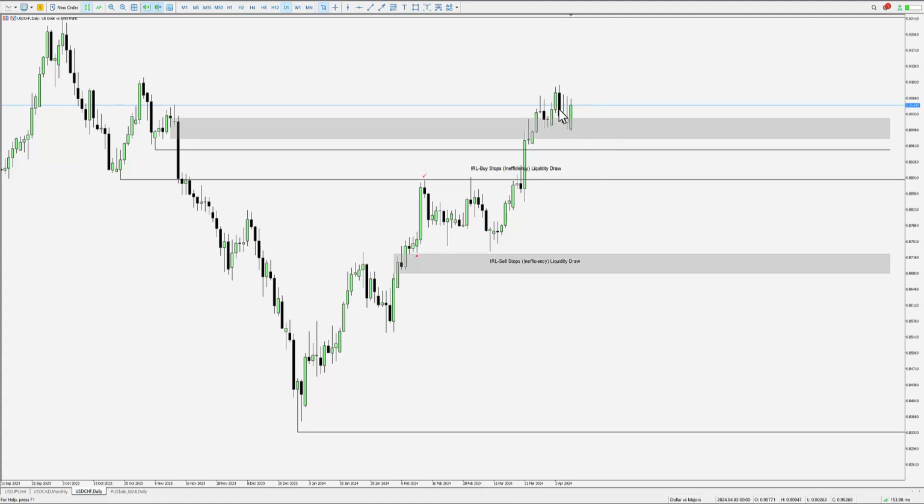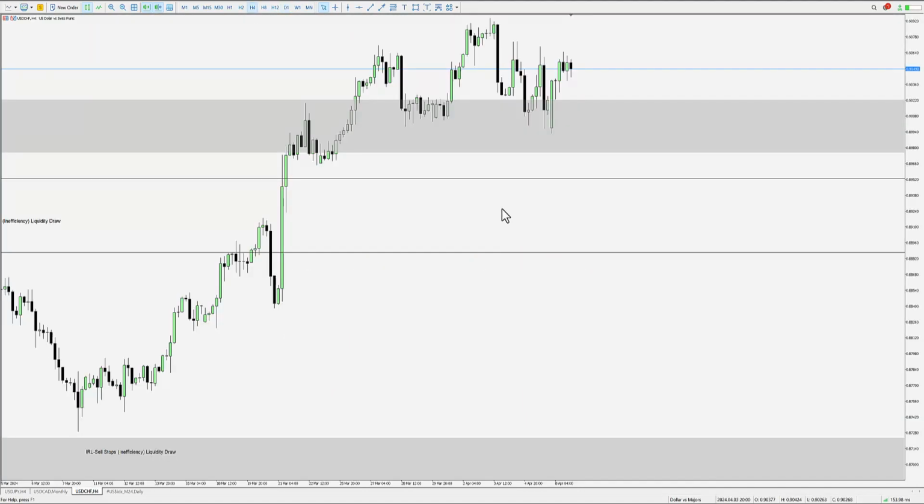I think we could see a weekly high coming in before an expansion to the downside on USD CHF. These PD arrays here on H4 should provide resistance and price pushes lower.